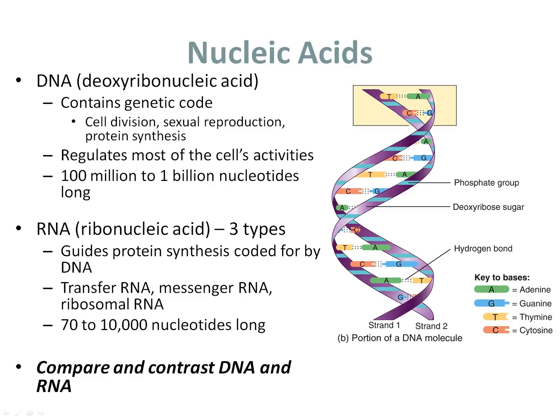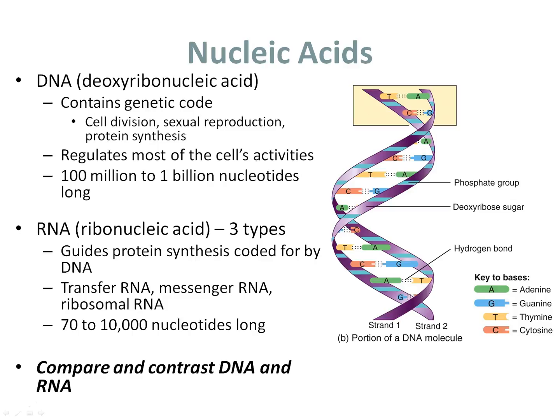RNA, or ribonucleic acid, has a ribose sugar instead of a deoxyribose sugar and comes in 3 types. It comes in transfer RNA, messenger RNA, and ribosomal RNA. It generally is about 70 to 10,000 nucleotides long, depending on which type of molecule it is.